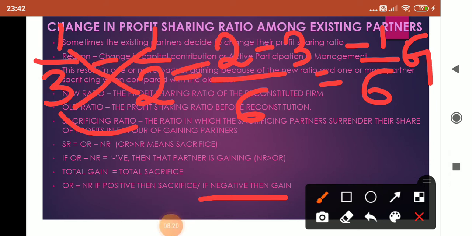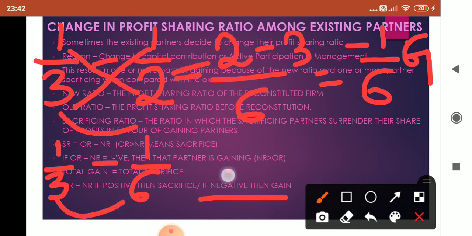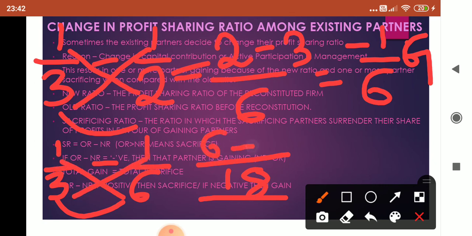Now continuing with the thing. So A is gaining. If we see for C, C's old ratio was 1/3 and C's new ratio is 1/6. Do the same multiplication. 3 into 6, 18. 6 ones are 6. 3 ones are 3.